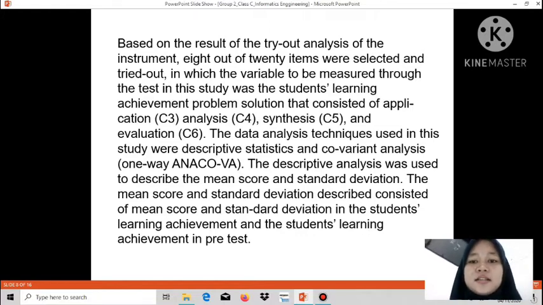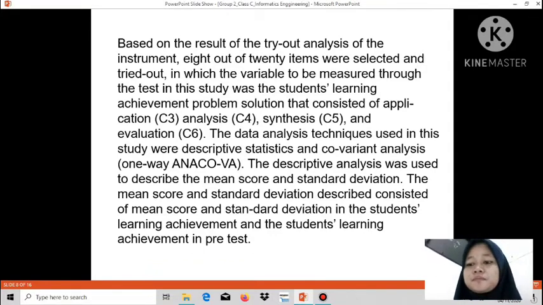The data analysis techniques used in this study were descriptive statistics and covariance analysis, one-way ANCOVA.